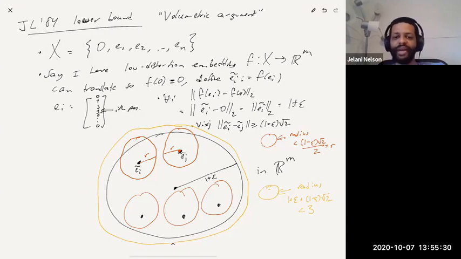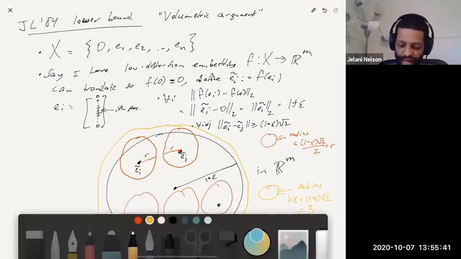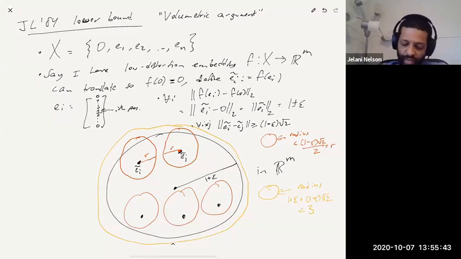So what do I have? I have n balls of a certain radius that are disjoint, and they're all contained in a radius 3 ball. And now I can end the argument. How do I end the argument?